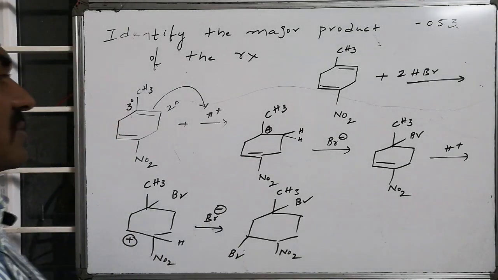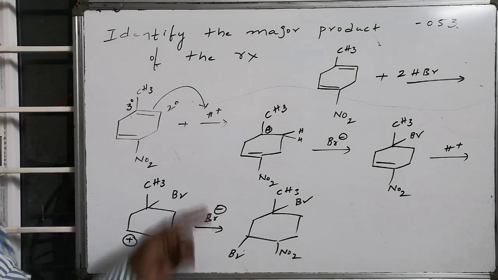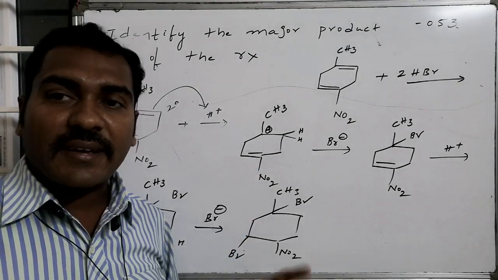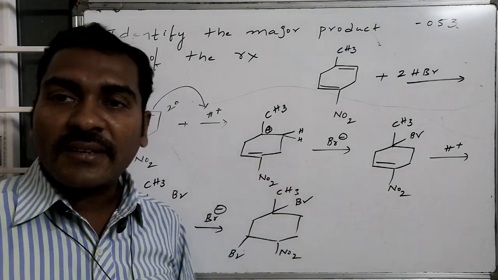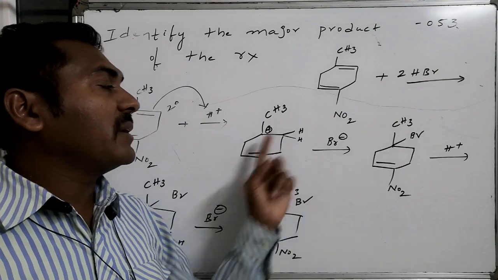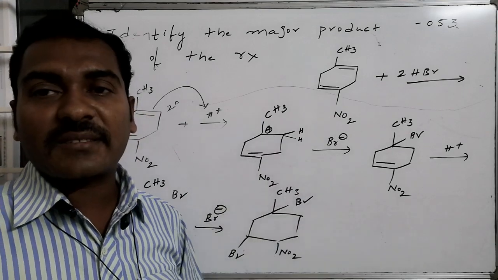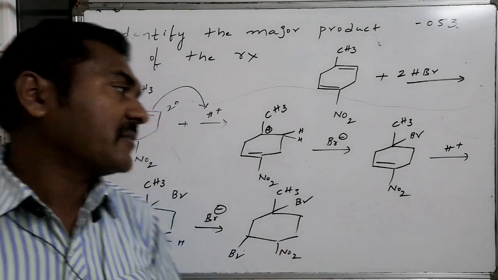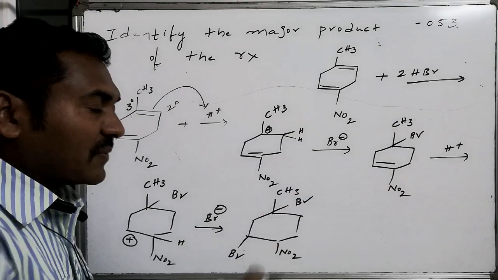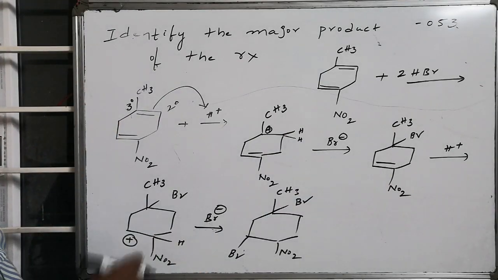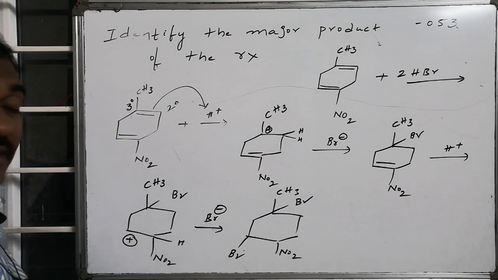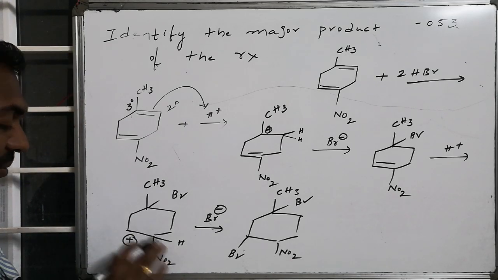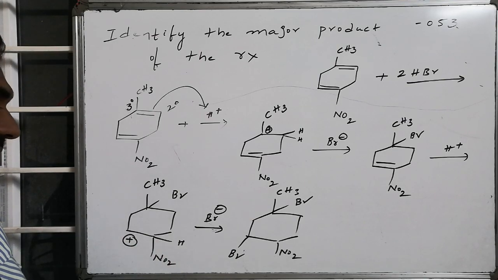So the product of the reaction involves addition of H plus, generation of the most stable carbocation, secondary versus tertiary, that is the tertiary carbocation, followed by Br minus attacking the carbon where the methyl group is attached. Then the second H plus ion initiates the reaction and generates the relatively most stable cation, where H plus is connected to the NO2 carbon and the adjacent position becomes cationic.